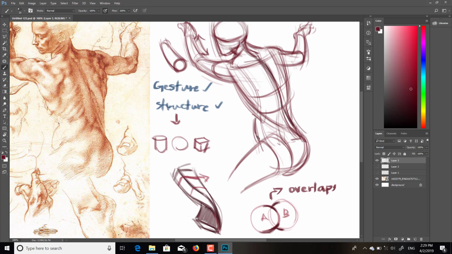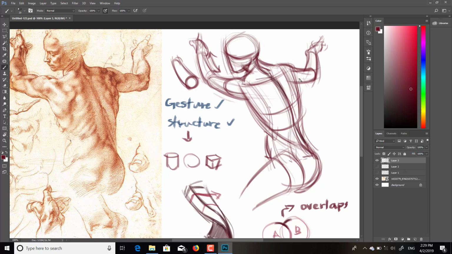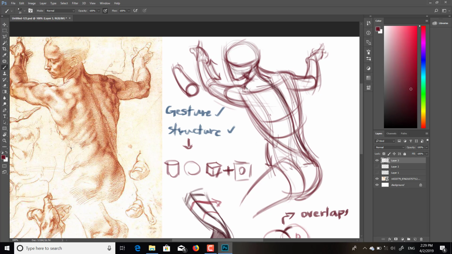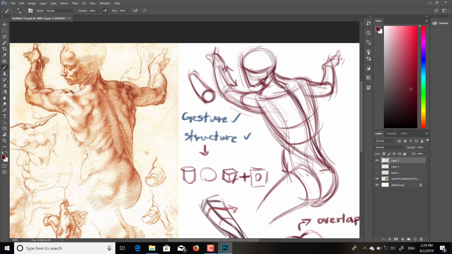Then to clarify and maintain the volumes, you can add something really helpful, which is overlaps. I write an O here, overlaps. For example, look here.